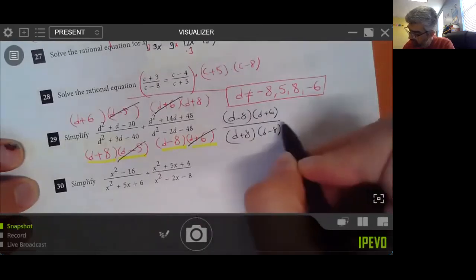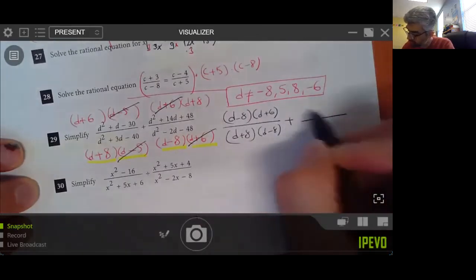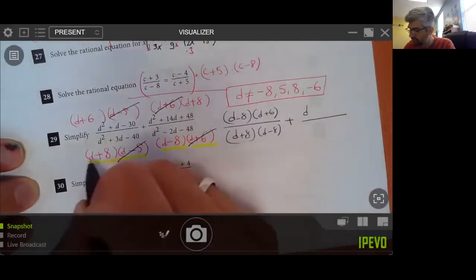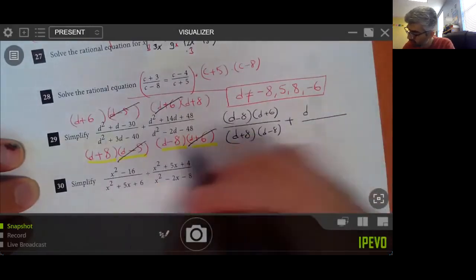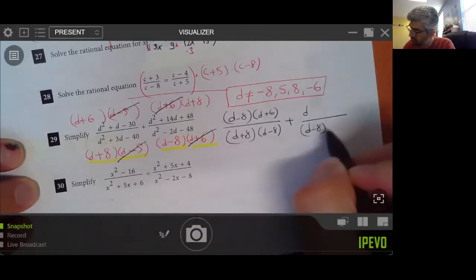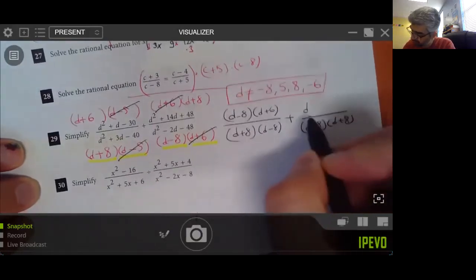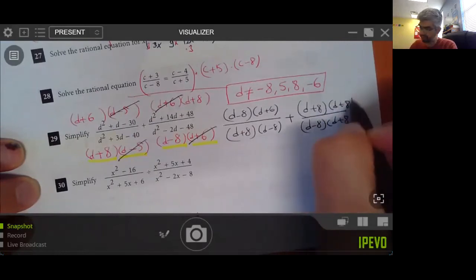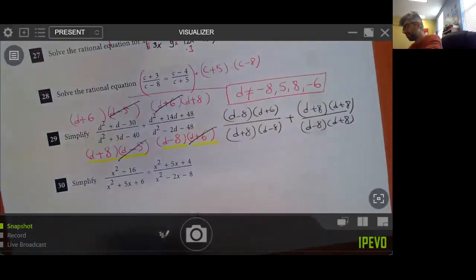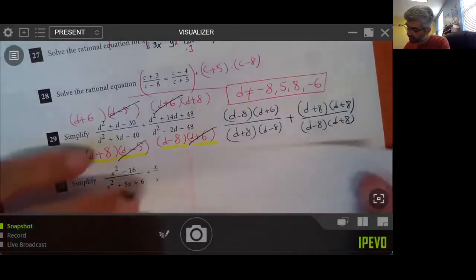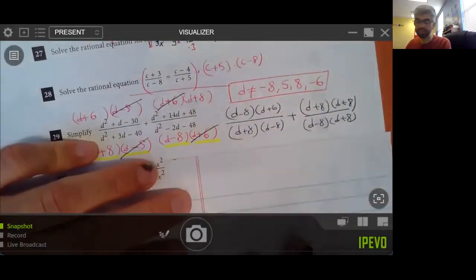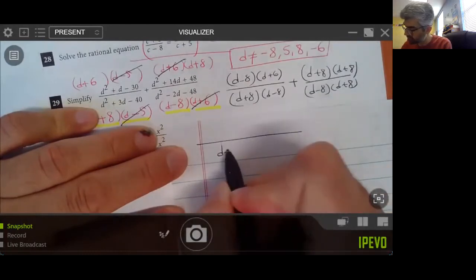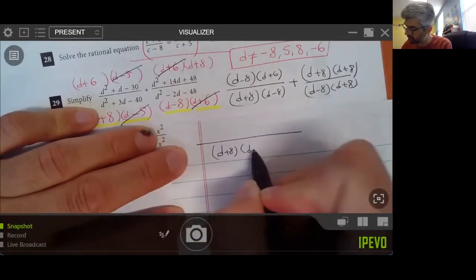I multiply by D minus 8 plus, and this one I multiply by D plus 8, since it already has D minus 8. So that is D plus 8 times D plus 8. Yep. They have a common denominator. The common denominator is D plus 8 times D minus 8.